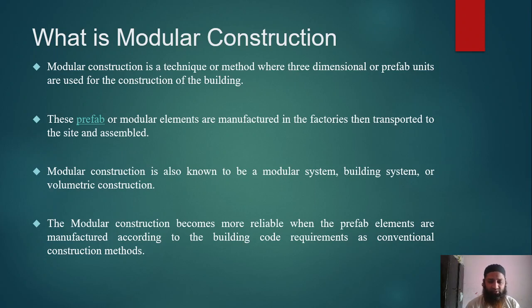This happens sometimes because of improper assessment or improper guidance. On site, the requirements we need are sometimes not fulfilled. But in modular construction, the prefabricated elements are constructed as per the guidelines. So the chances of not getting a good output can be reduced with modular construction or prefabricated elements.